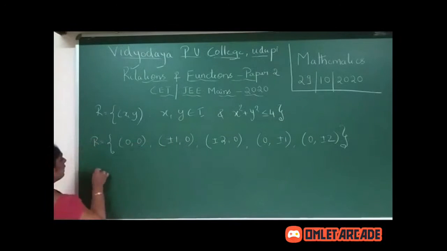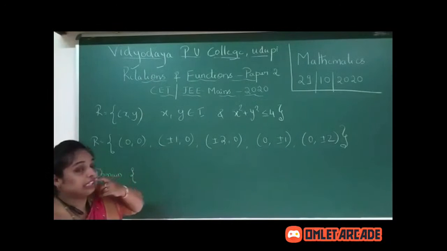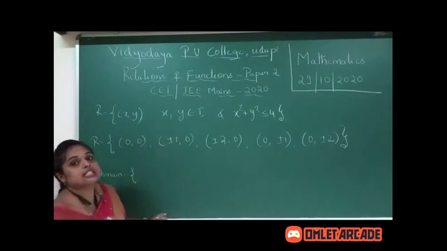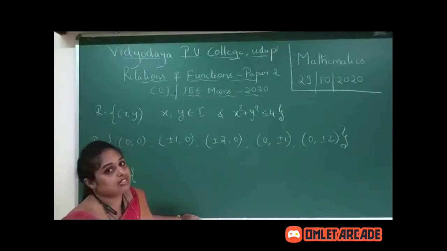So the domain here will be the set of all the first elements of the ordered pairs of the relation. You know the definition, you have studied. And the range is the set of all second elements of the ordered pairs of the relation, not something else.